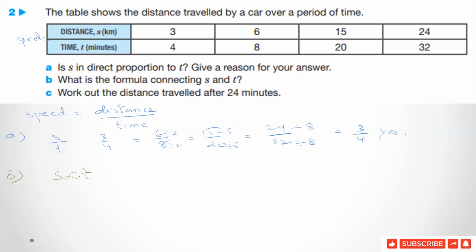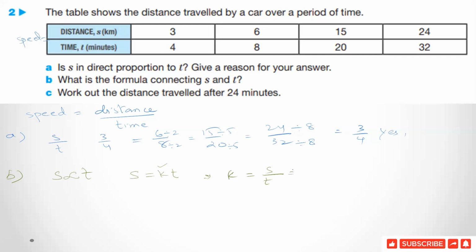And if I change this direct proportion sign to an equals sign with a constant number, then S is equal to K times T. We want to find that K. So if S is equal to K times T, finding K, I get K is equal to S upon T, because T is multiplying with K. We take T to the other side, it will divide.